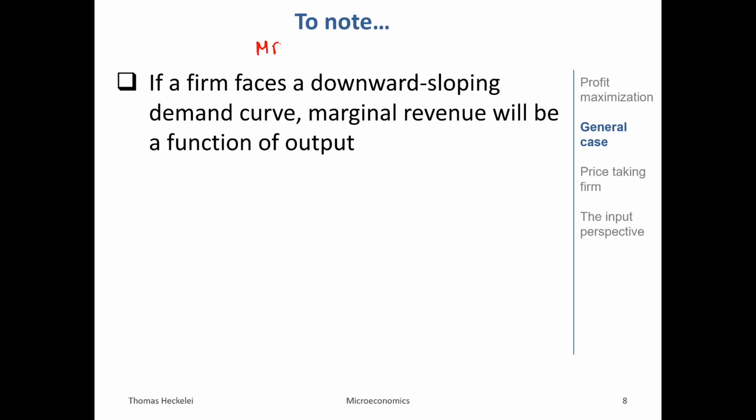So marginal revenue equals P plus Q times dP over dQ, right? So now you have Q over here. So marginal revenue is a function of output. That's the first thing. It depends on how much you produce or you sell.